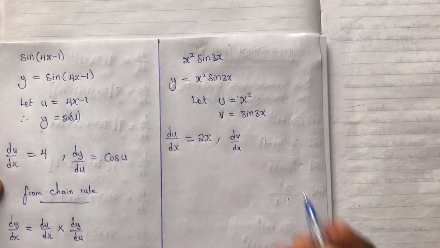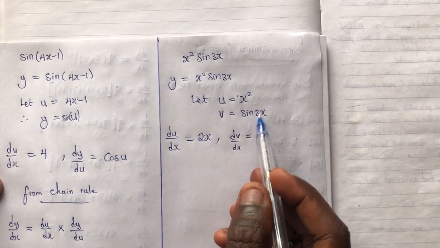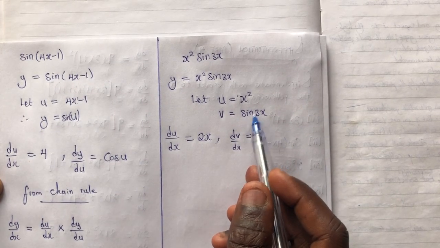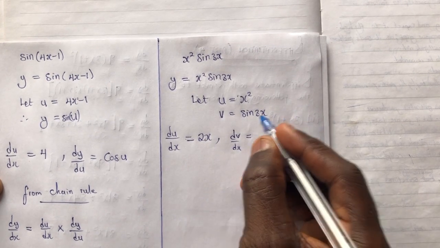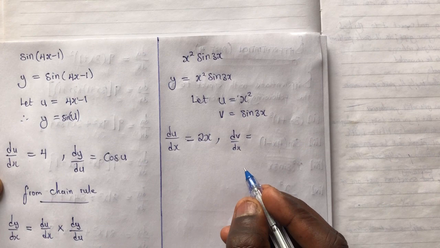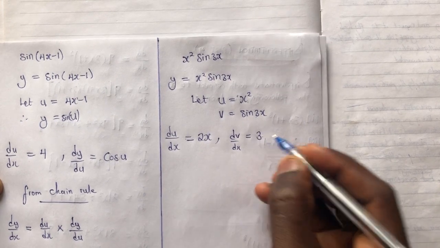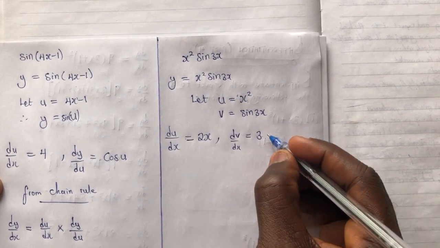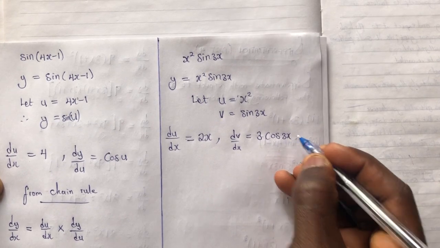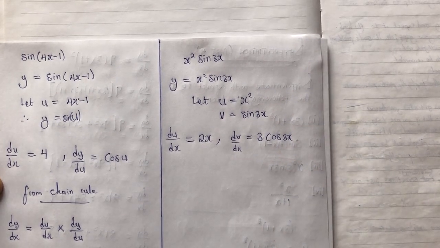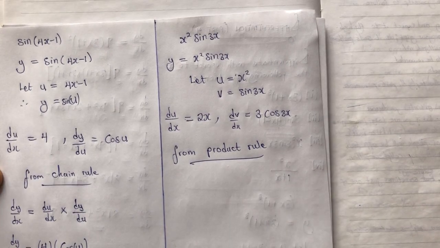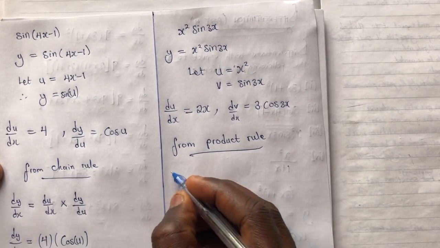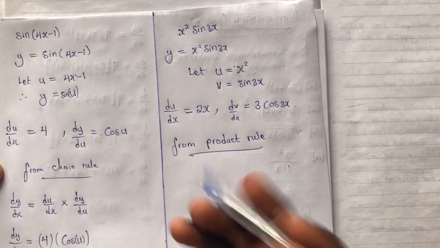dv dx will give us, for this one, because it's a separate function, a function we created, we can go straight by saying you differentiate this, you get 3. So you bring the 3 outside, then you differentiate sine 3x, you get what? Cos 3x. So you get 3 cos 3x. Then you can now apply the product rule. You write the formula by saying we are differentiating y with respect to x.